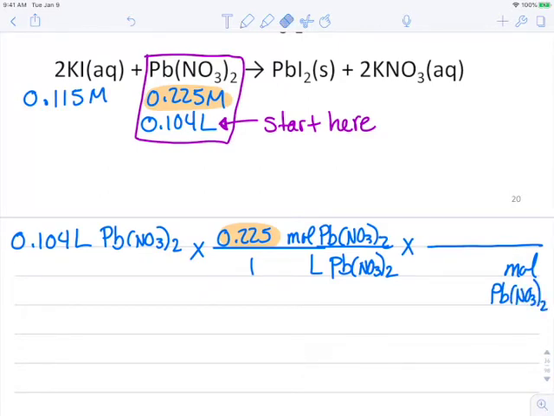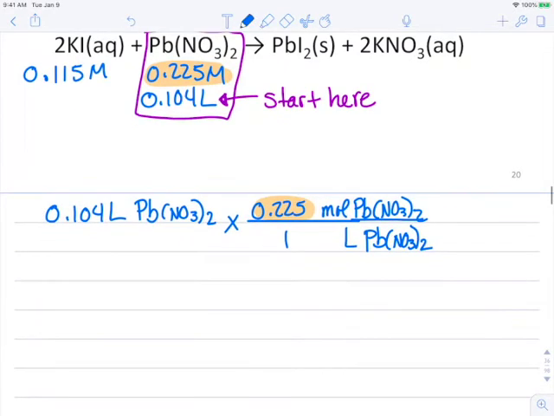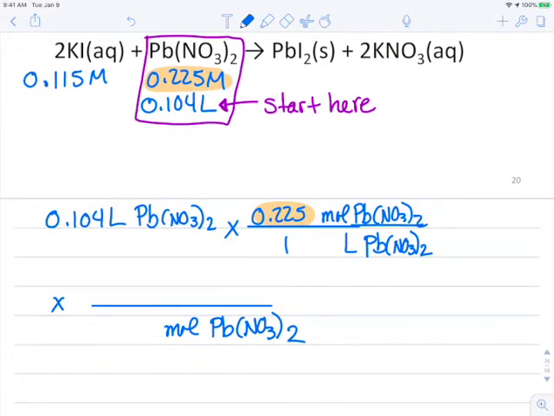And on the top, actually, I'm going to move this to the next line just so we have a little more room. There we go. All right, so moles Pb(NO3)2 on the bottom, and on the top, moles of KI, like so.